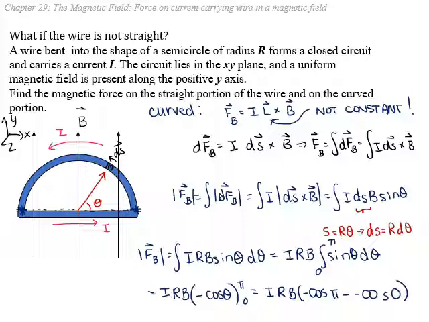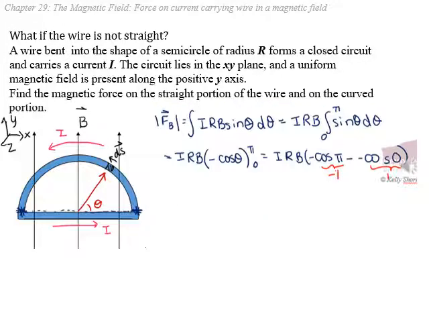Cosine of pi is minus 1. Cosine of 0 is 1, so I've got 1 plus 1. That part's going to be equal to 2. I'm totally out of space, so I'm going to go on to the next slide. So that gives us for the magnitude of our magnetic force equal to I times R times B times 2.